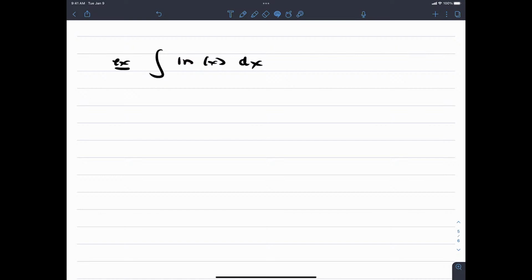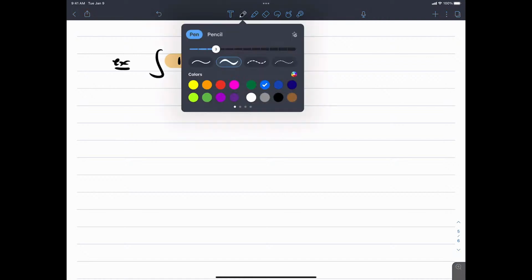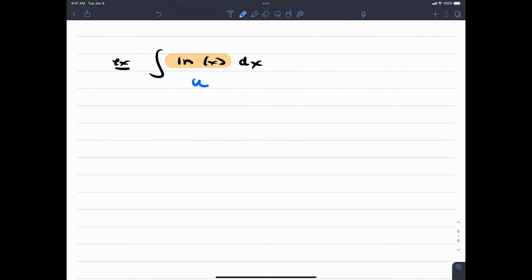So we have to find what is u and then what is dv. Is that right? Well, I'm going to call this u. Why do you think I'm going to call this portion u? Because if I call that u, what am I going to do with that u? I'm going to differentiate it. Is that true? I got to find what du dx is. I could not call this u. Why can't I call u dx?